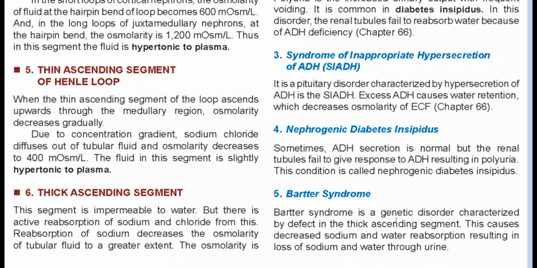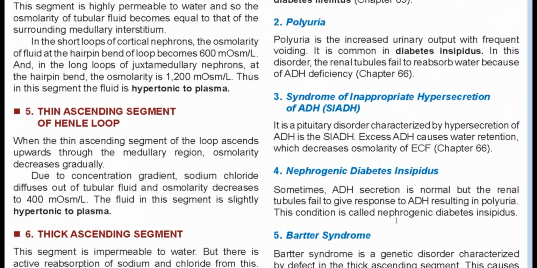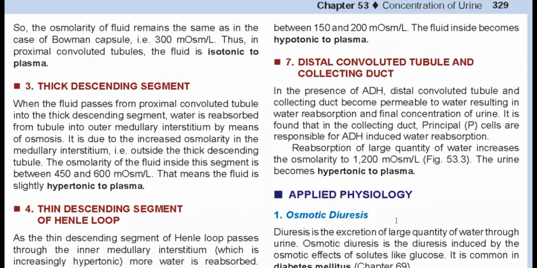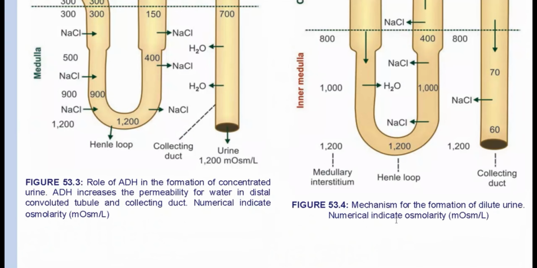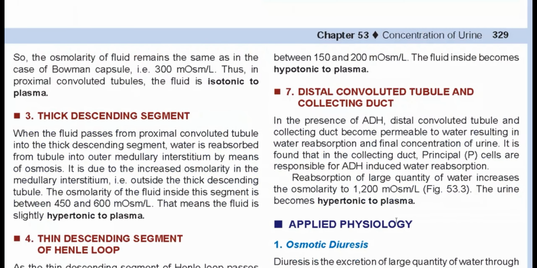These are the various disorders we find related to the urinary concentration process. So I think we have covered how urine formation happens through the countercurrent exchanger mechanism, the important role of ADH, and some applied physiology like osmotic diuresis, polyuria, etc.